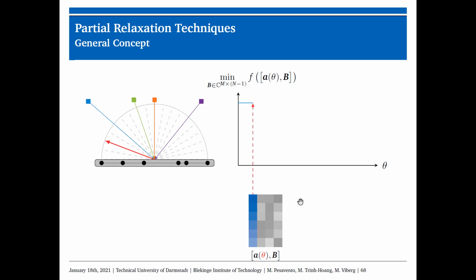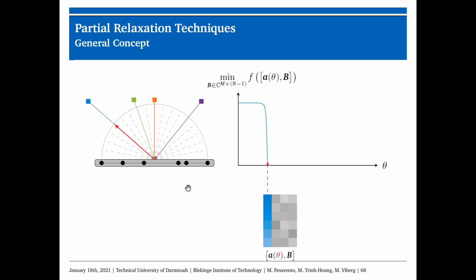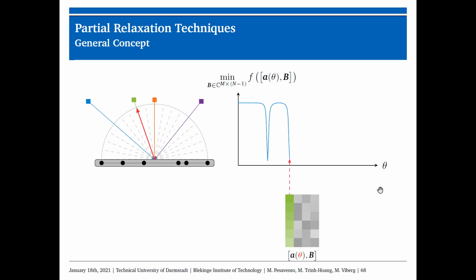After performing the optimization, we observe that the minimum is rather high if our candidate DOA is not near one of the true DOAs. Now we move to the next candidate direction, which corresponds to one of the true DOAs. Then the minimum of the inner optimization problem is much smaller than for the previous candidate direction. This phenomenon occurs again when our candidate DOA points to one of the true DOAs.